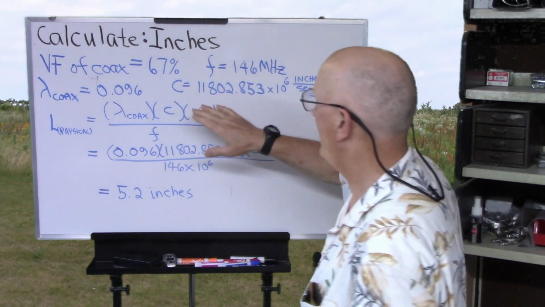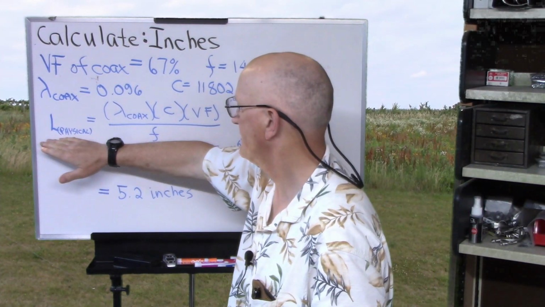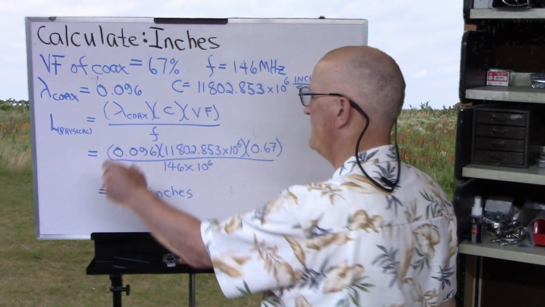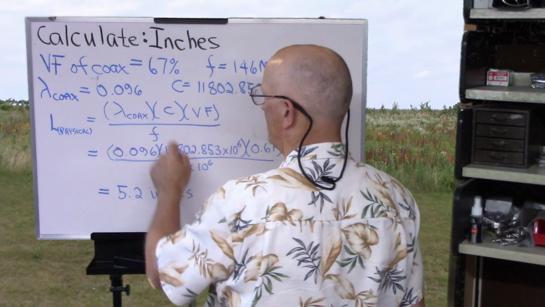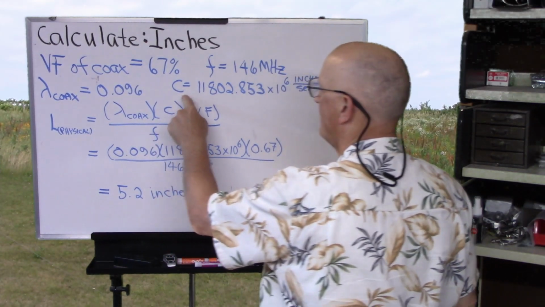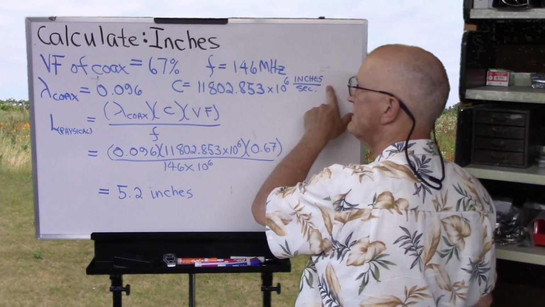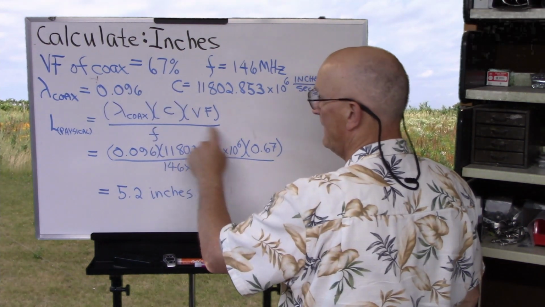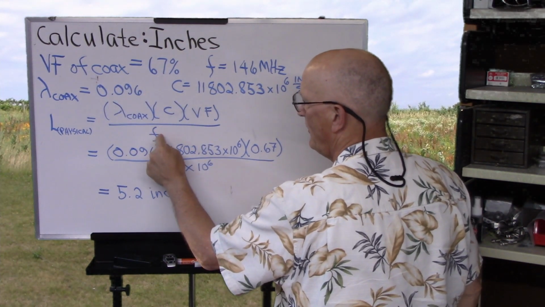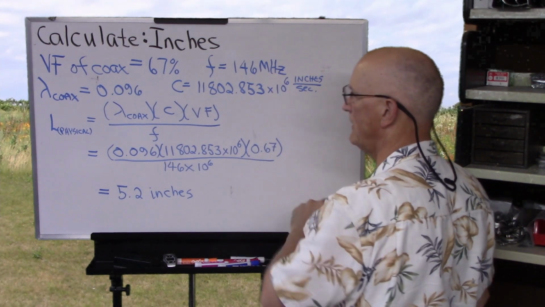And so the equation comes out, the physical length of our piece of coax is equal to the electrical length of the coax in wavelengths times the velocity of light in inches per second times the velocity factor of our coax, all divided by the frequency in hertz.